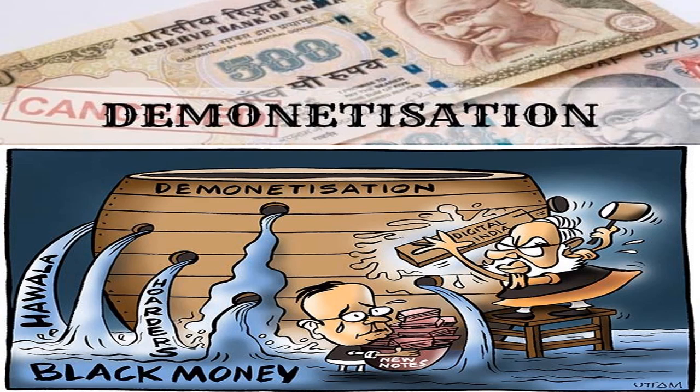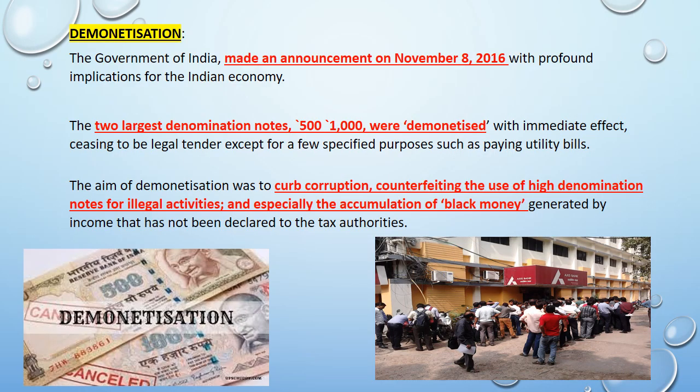The next topic is demonetization. What is demonetization? All of us know by now. Narendra Modi curbed corruption, because there was a lot of black money being stored by a lot of people, and these currencies were generally 500 and 1000 notes.